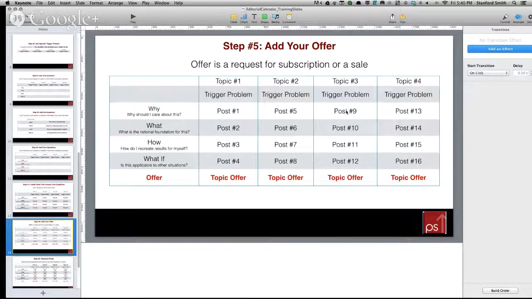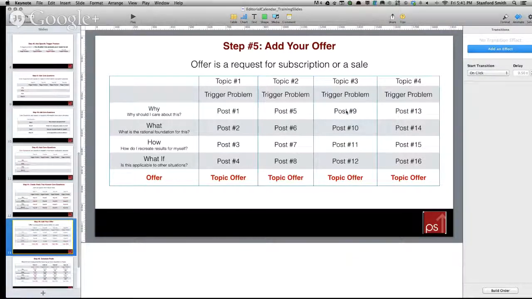All right, so let me take one more aside here, because I think one question you could have is, well, Stan, if I write a why post, will it turn off a what if person? My answer is that when you write a blog post, if you want to be smart and savvy about it, you would, number one, start off with why the person should care about the topic.